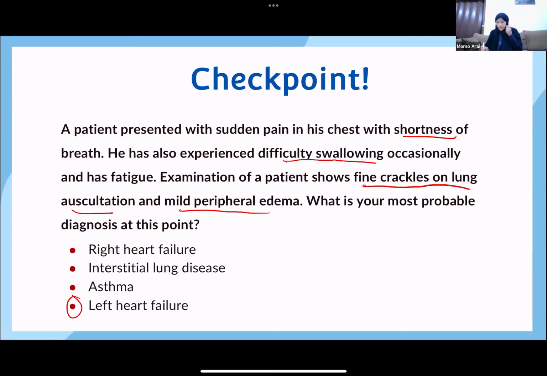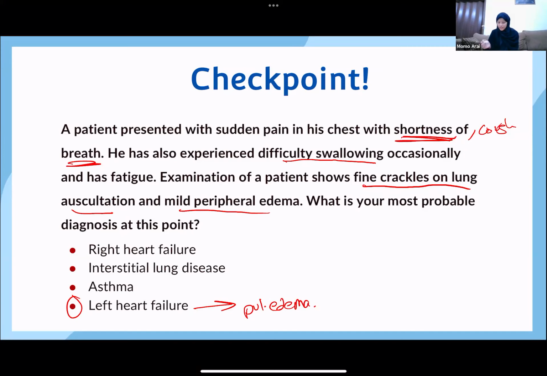So again, remember what I said. In left heart failure, you will always have pulmonary edema symptoms, which means shortness of breath. And I know I said right heart failure also, but I should have added here, for example, shortness of breath, or difficulty coughing, everything for pulmonary edema symptoms.